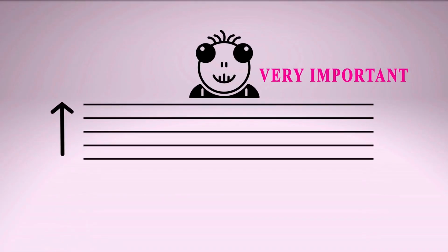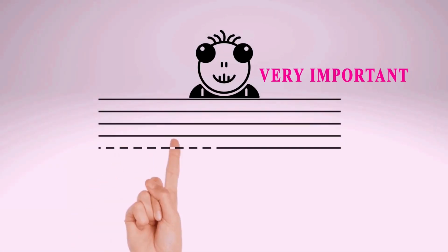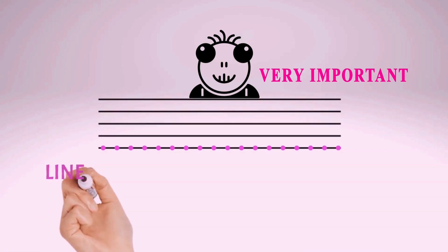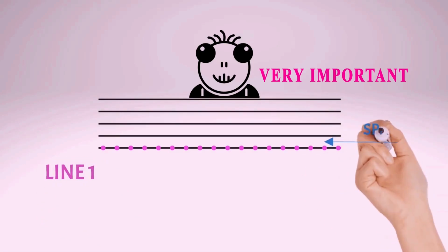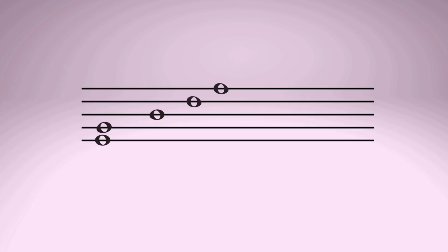We always count them from the bottom to the top. So the bottom line will always be line 1. And the bottom space will always be space 1. Notes on the staff can be on the lines or on the spaces.